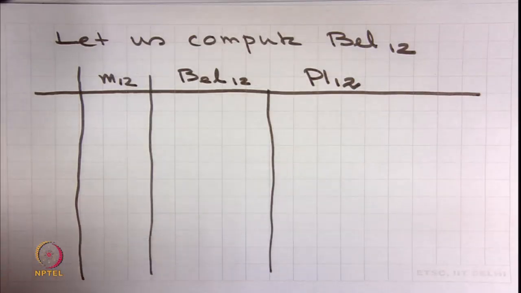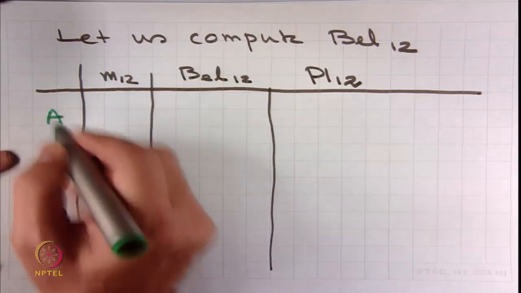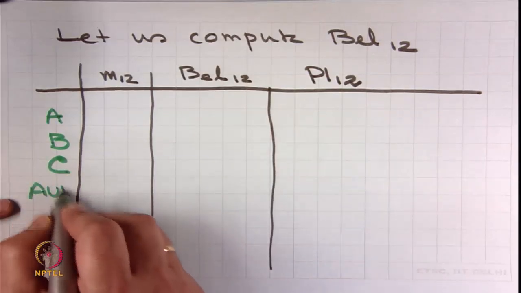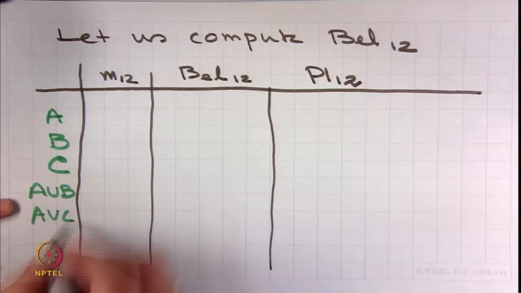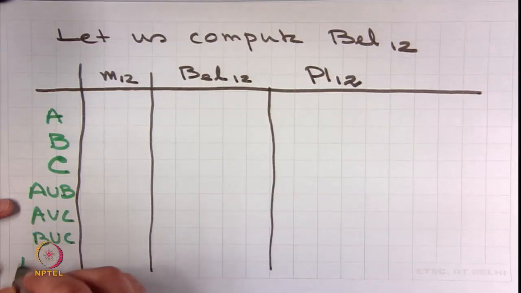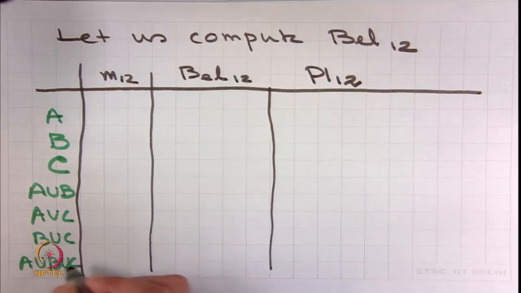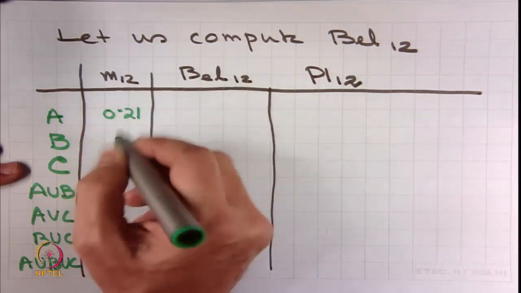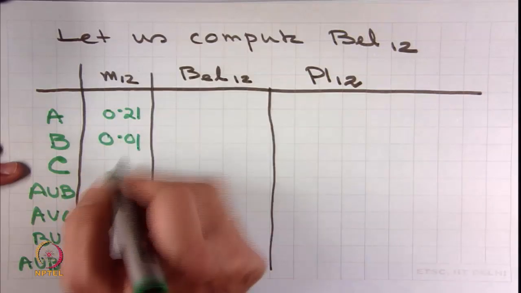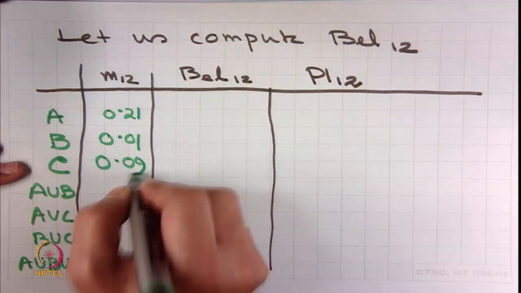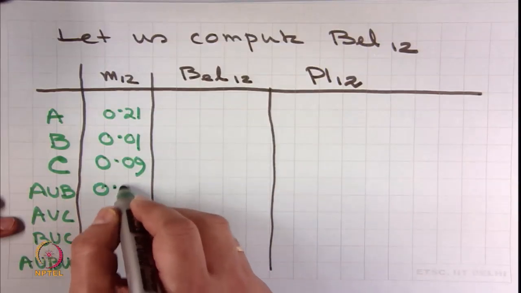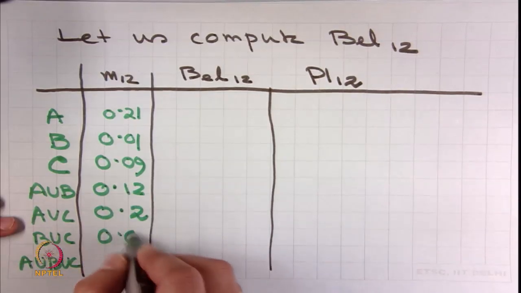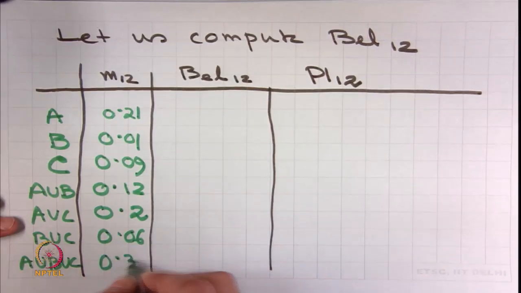How to compute them? Let us look at the set of non-empty subsets which are A, B, C, A union B, A union C, B union C and A union B union C. We had the values 0.21, 0.01, 0.09, 0.12, 0.2, 0.06 and 0.31.